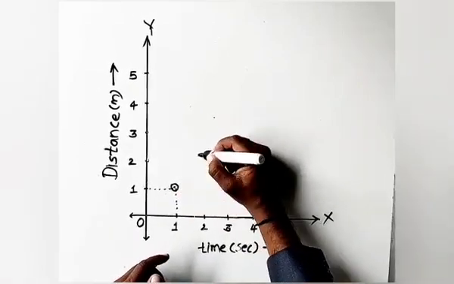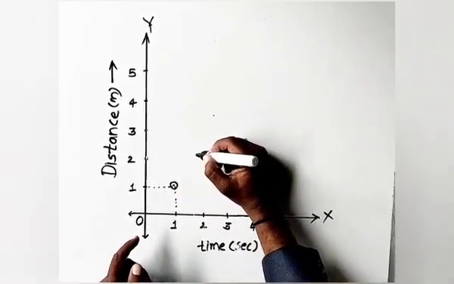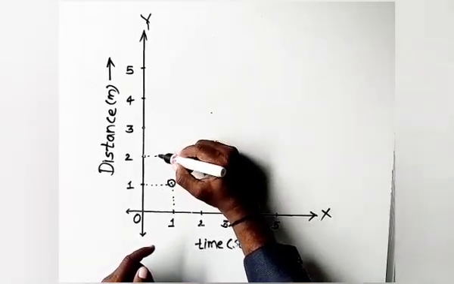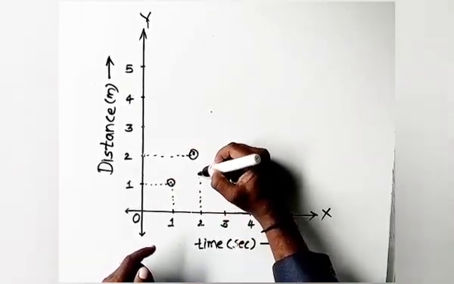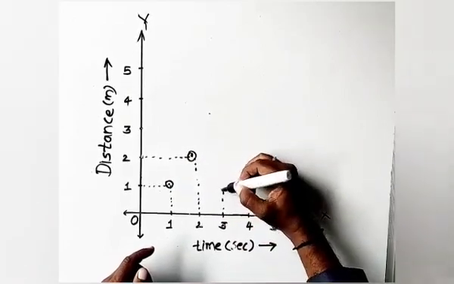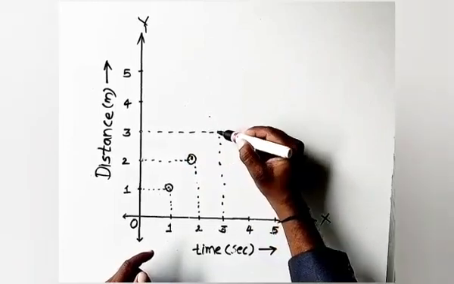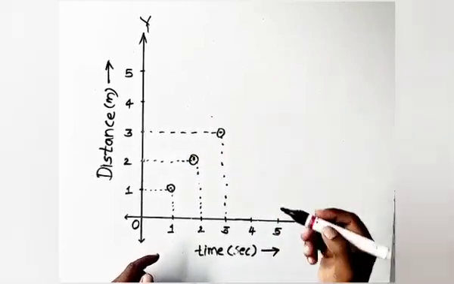In the same manner, if it covers equal distance in equal intervals of time, the next interval is 2 seconds and 2 meter away. In the same manner, for the third second, the object must be 3 meter away.